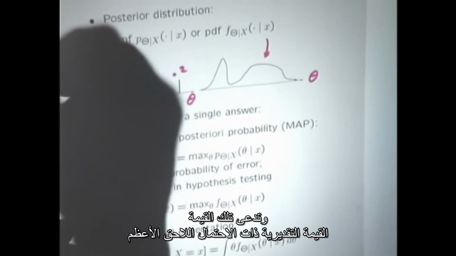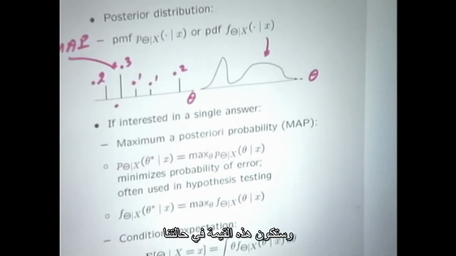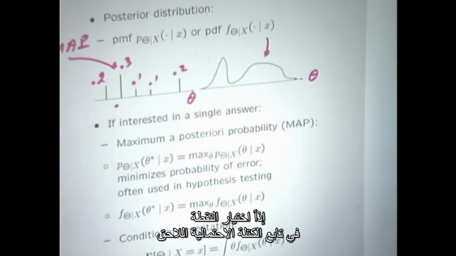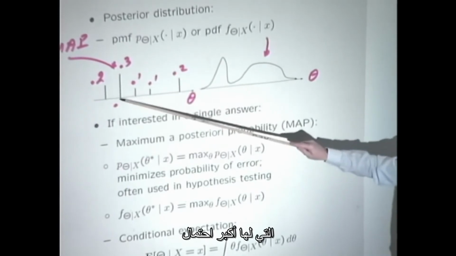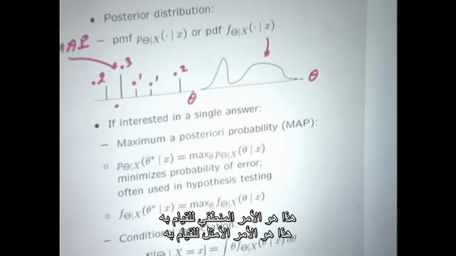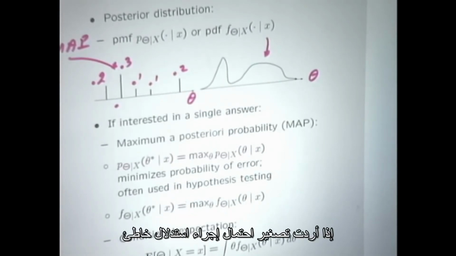And that value is called the maximum a posteriori probability estimate. It's going to be this one in our case. So picking the point in the posterior PMF that has the highest probability, that's the reasonable thing to do. This is the optimal thing to do if you want to minimize the probability of an incorrect inference.